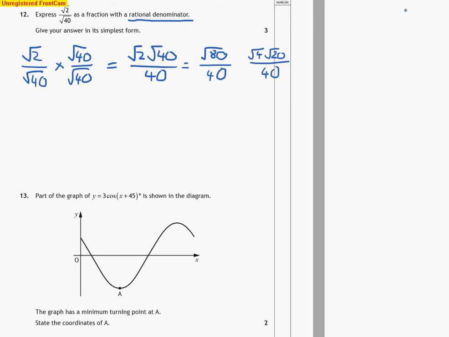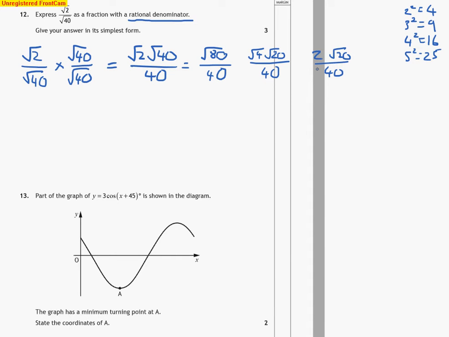If 2 squared is 4, then root 4 is 2. 3 squared is 9, so root 9 is 3. You could write them just to the side, root 16, etc. That might help. So root 4 and root 20, I know that's going to give me 2 root 20 divided by 40.